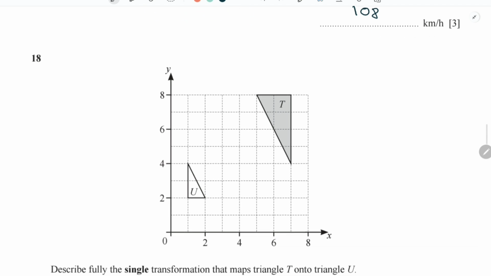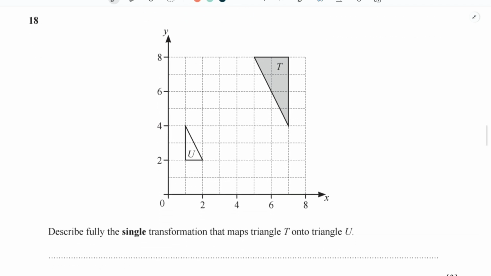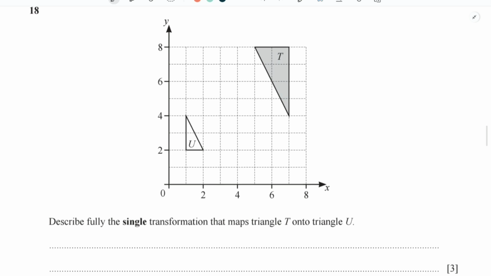After that, we have question number 18. Describe fully the single transformation that maps triangle T onto triangle U. We have one triangle T and we have one triangle U. So reflection in the x-axis, right? If you see, this is a right angle triangle, and we have this one.